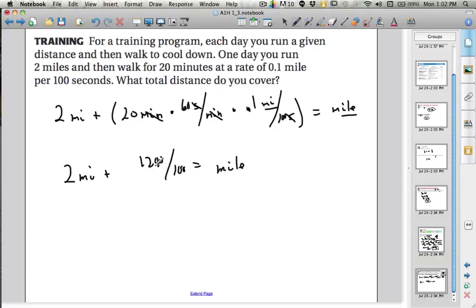So that's 120 divided by 100. And that's 1.2 miles. So my total was 3.2 miles.